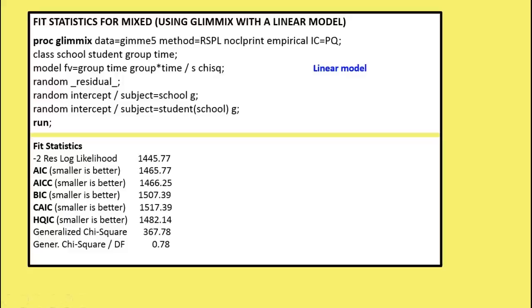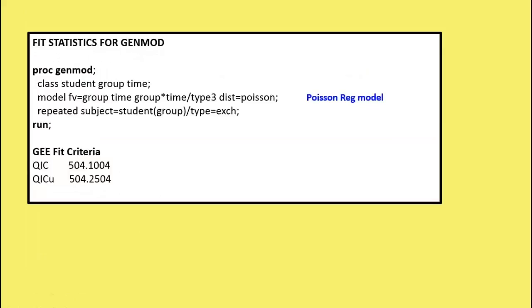Now what about GENMOD? If you ask for the fit statistics, or it automatically gives you, what you get are 2 things called QIC and QICU. In this case, this is the Give Me 5 data set, and I'm using Poisson regression, as you see, because I'm saying the distribution is Poisson.